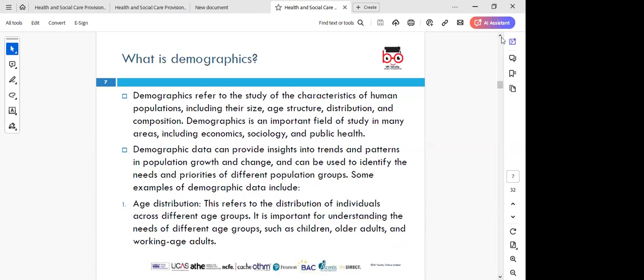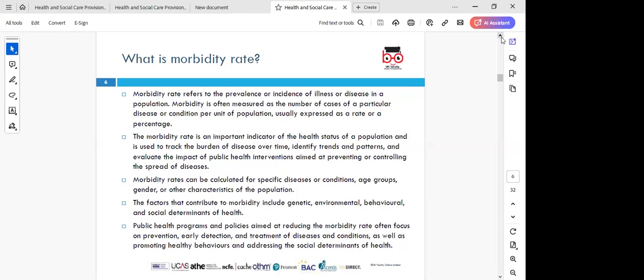Okay. Morbidity rates can be calculated for a specific disease or condition, age group, gender, or other characteristics of a population. The factors, therefore, that contribute to morbidity include genetic, environmental, behavioral, and social determinants of health.